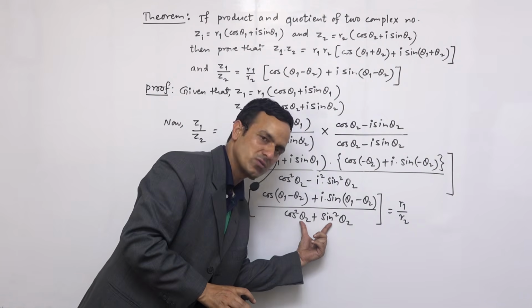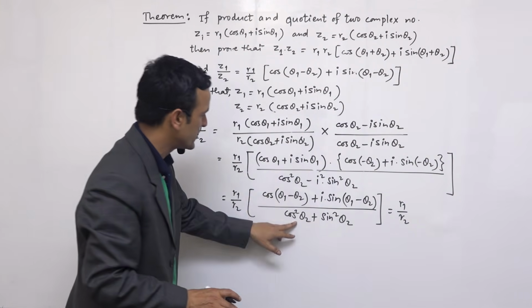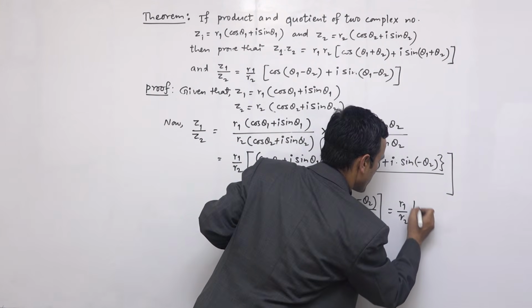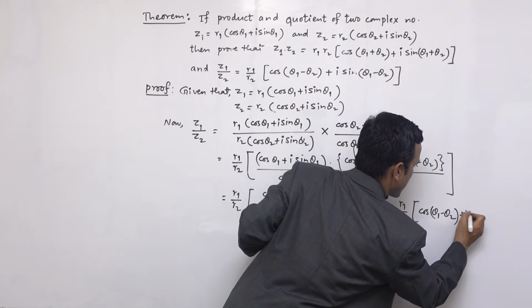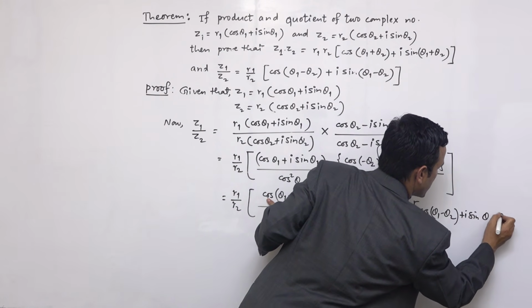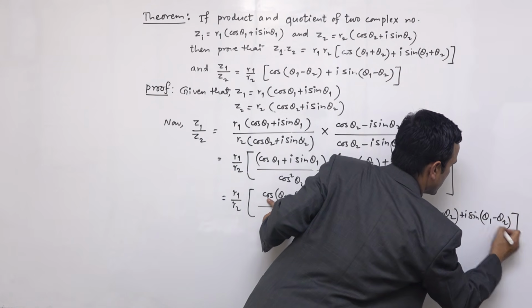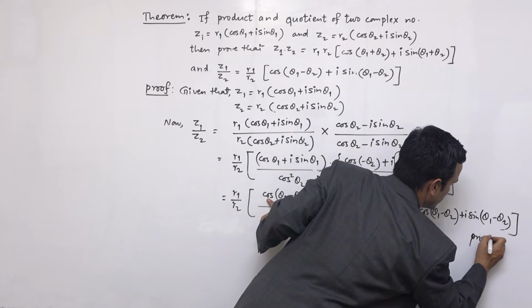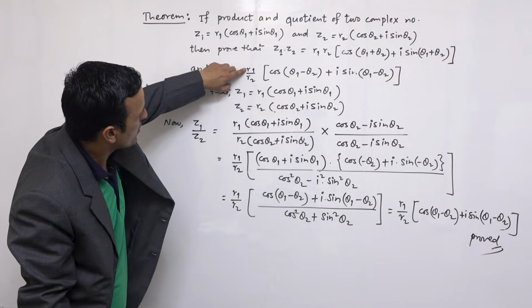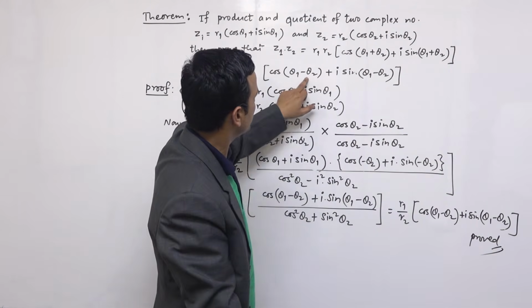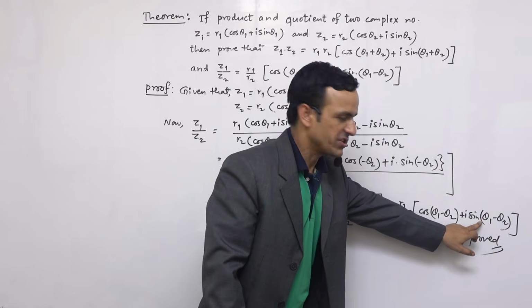This value becomes 1, ignore it, and the upper term becomes our formula: cos(theta 1 minus theta 2) plus i sin(theta 1 minus theta 2). So this is the answer and it is proved. R1 by R2 is the same and this result is here, so we can prove it like this.